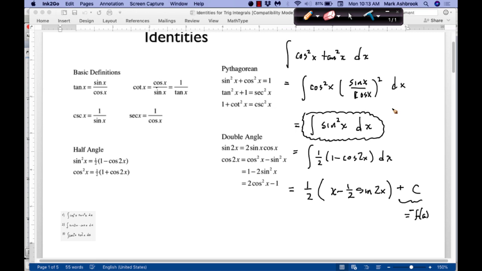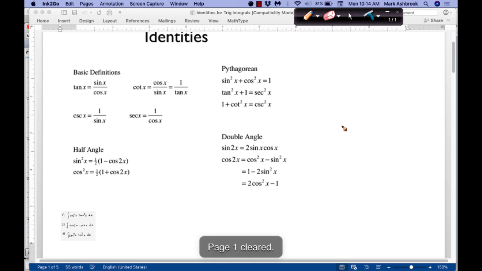Okay? So what do we do? We use a trig identity. We got a simplification. We got something easy that we could do using another trig identity. Okay? That was what happened here. Questions on this example? Good? Okay. Next one.